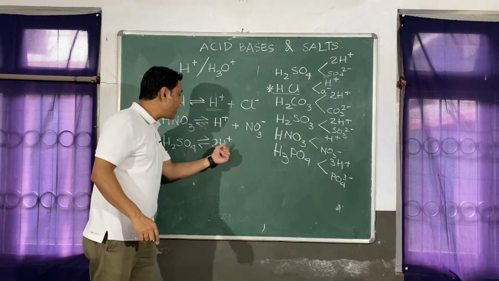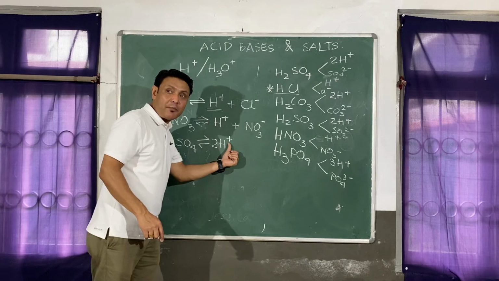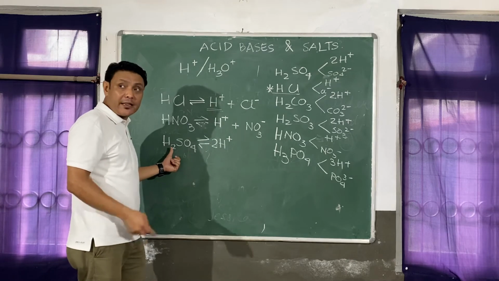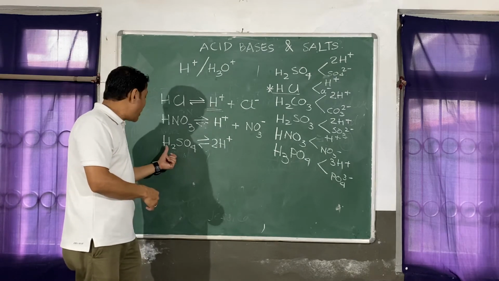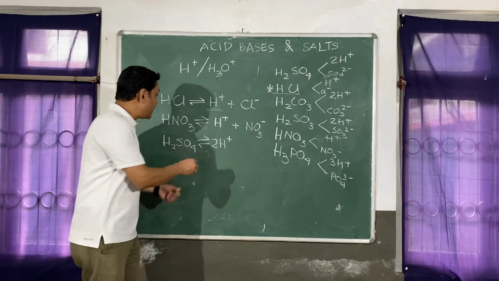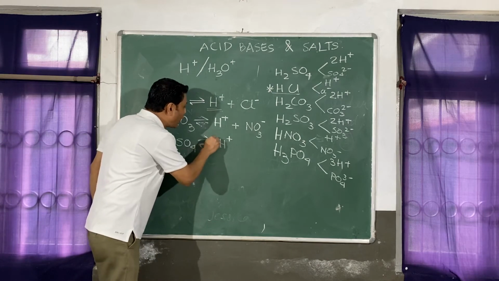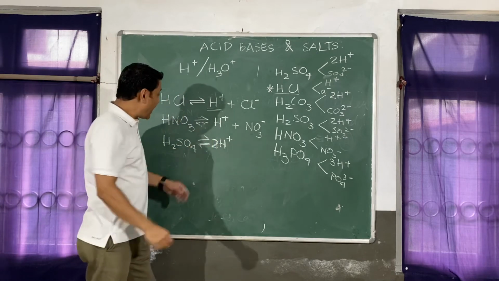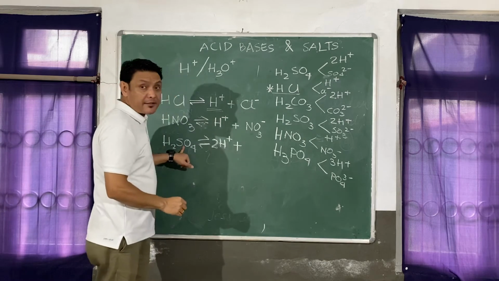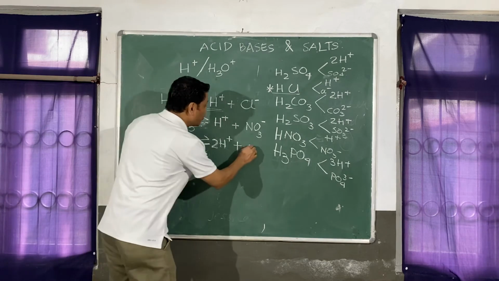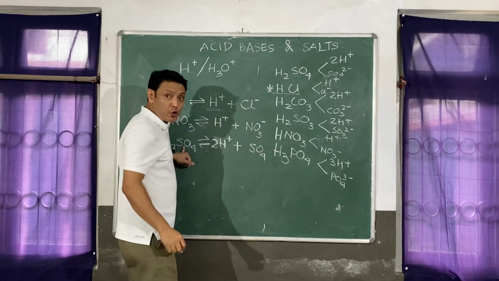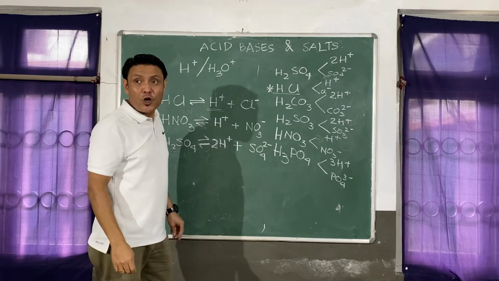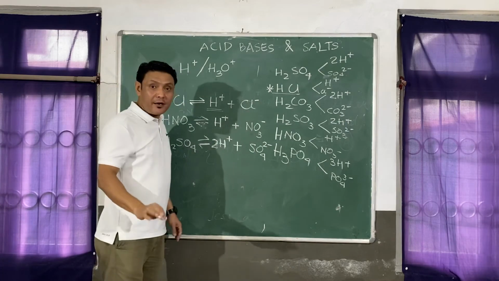So therefore it produces a single positively charged ion. And since there are two hydrogen atoms in sulfuric acid, it produces two hydrogen ions. And sulfate ions, since the valency of sulfate is 2, SO4 has two negative charges, SO4 2 minus. Understood?